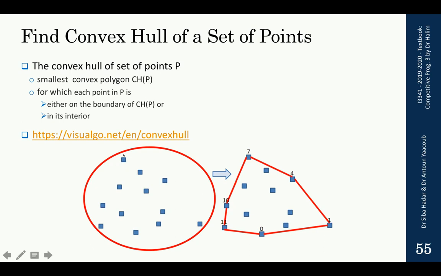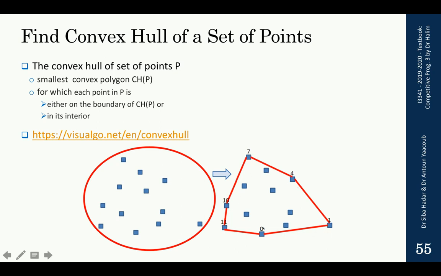What is CH of P? It is the polygon for which each point in P is either on the boundary of CH of P or in its interior. So it is the smallest convex polygon in which all these points are inside or on the border. How do I calculate it? The problem here is that I give you a set of points and you give me the polygon. Look at the schema to notice that the polygon is defined only by its vertices.